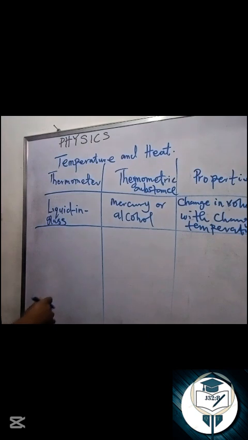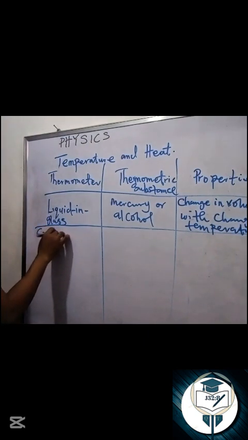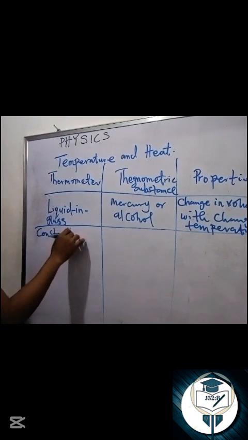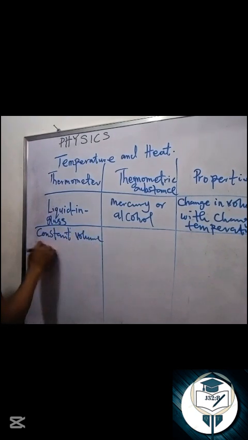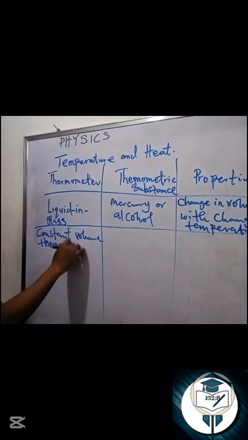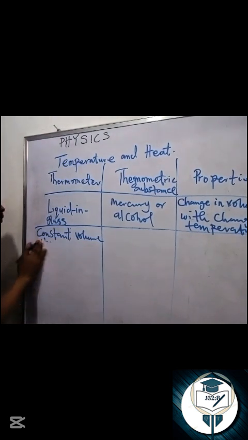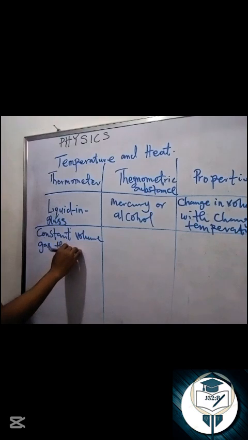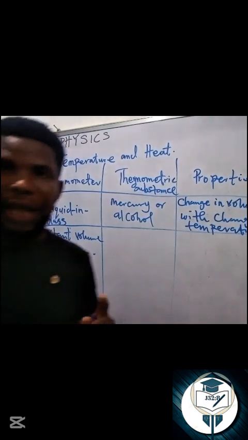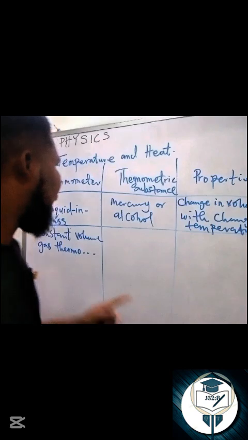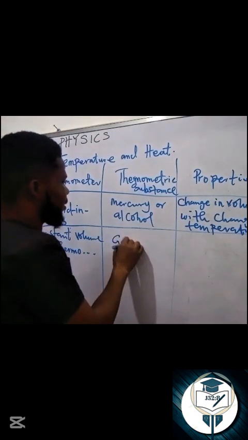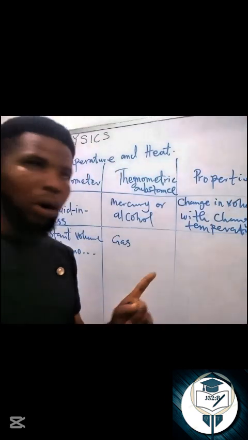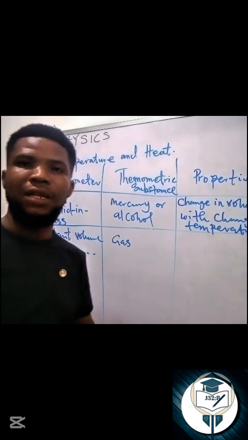So we have another one: the constant volume gas thermometer. Here we have gas as the thermometric substance, and the property is pressure.